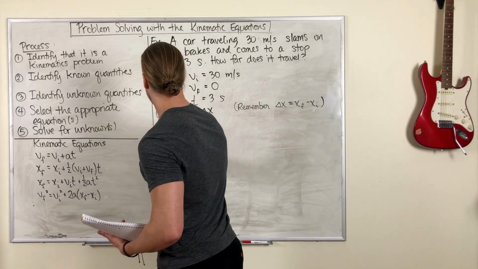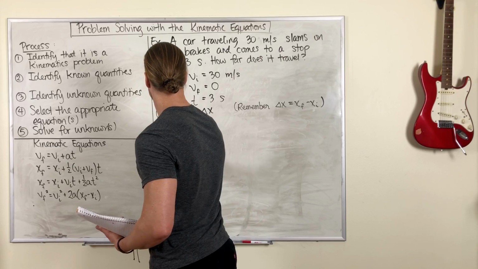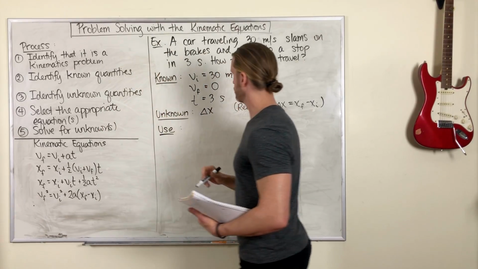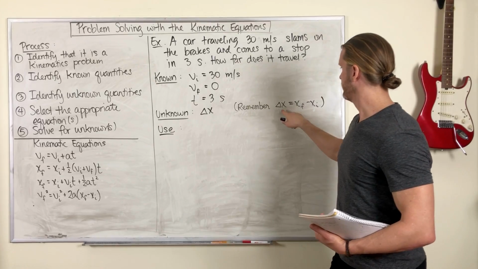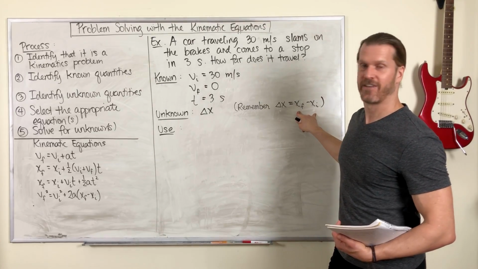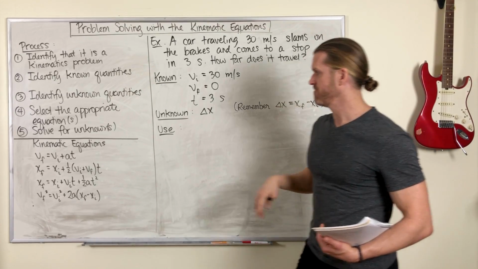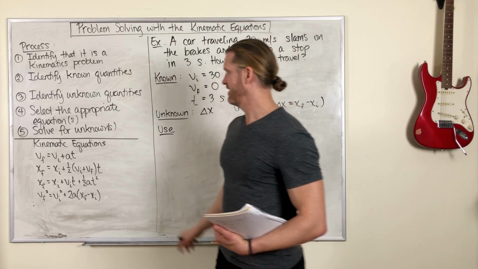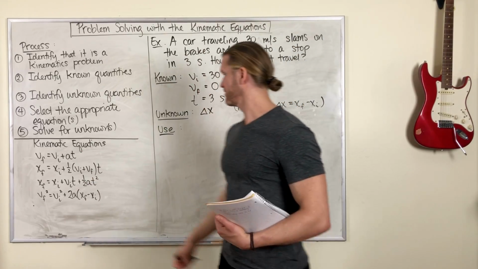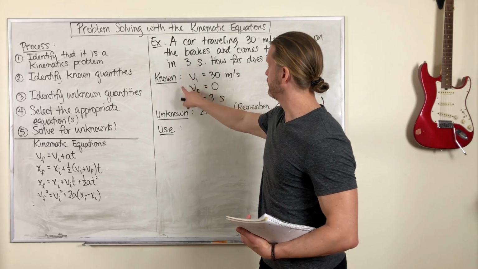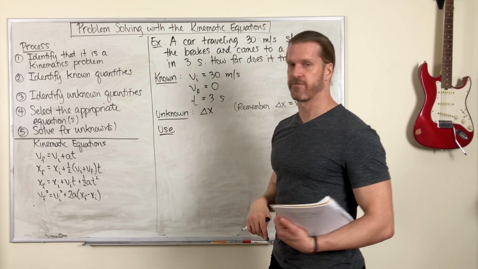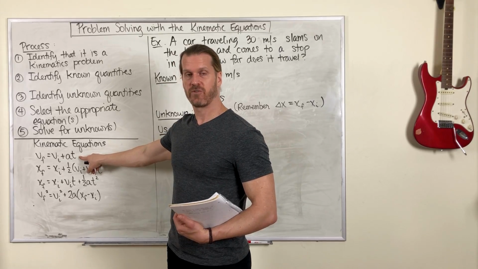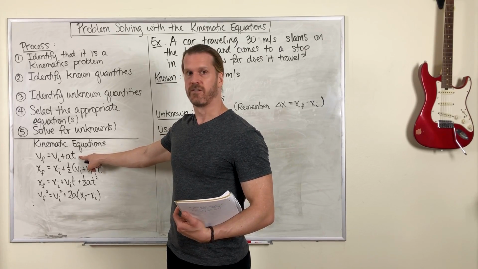So let's select the appropriate equation, step 4. Keeping in mind that x final minus x initial is delta x, and so we might need to mentally substitute that in one of our equations. So we know v initial, v final, t, we're looking for delta x. This first kinematic equation is not going to do it.